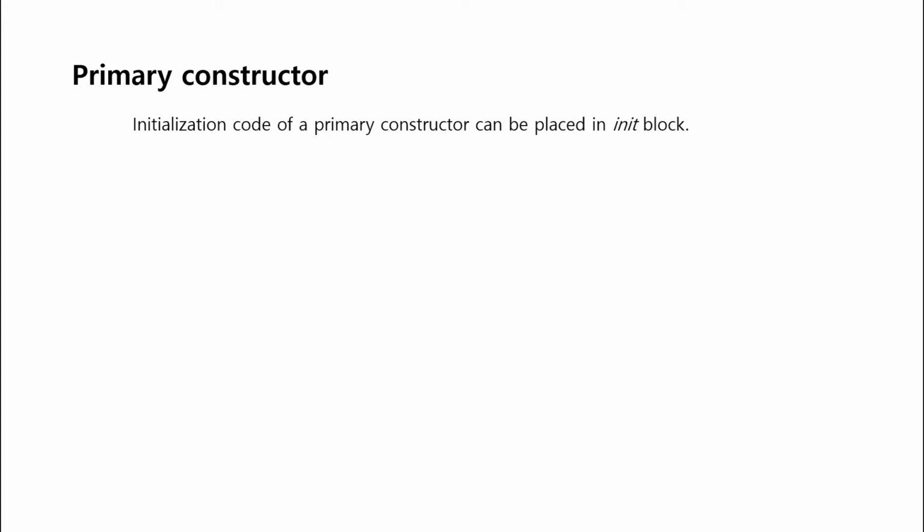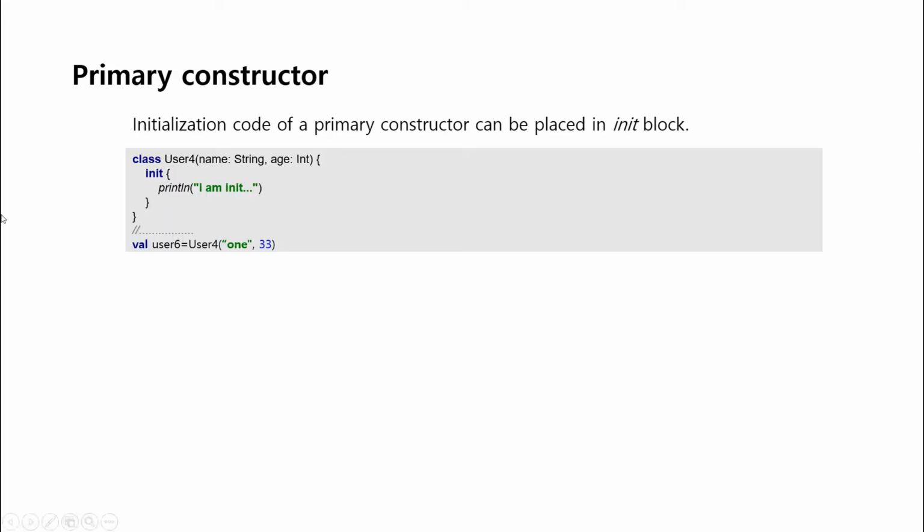Let's see the sample code. As you can see, we have a class that has a primary constructor with two parameters, name and age. So when we create the object of this class, this init block will be executed. So as we create the user6 object, this init block will print the string.